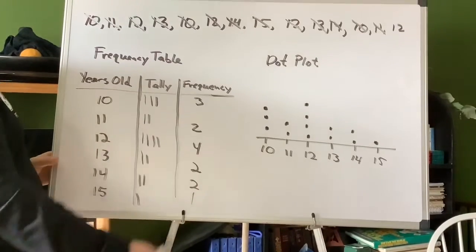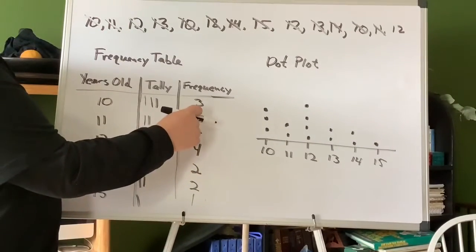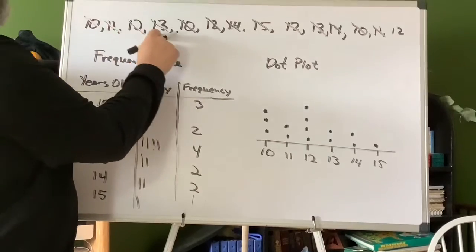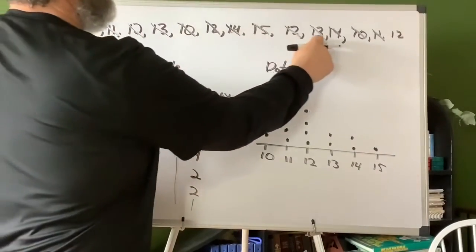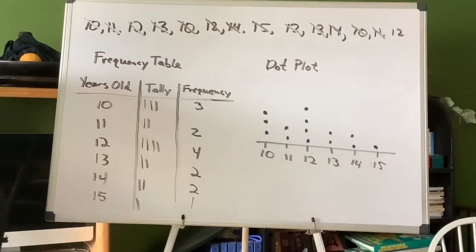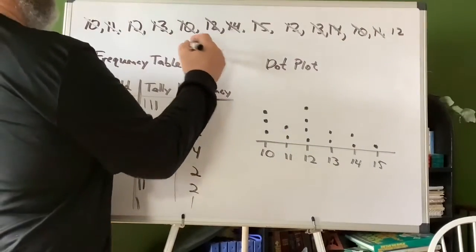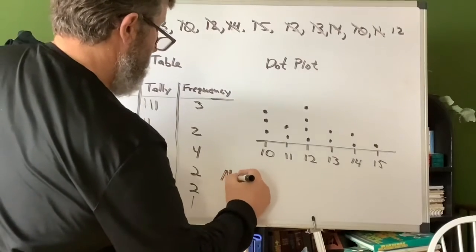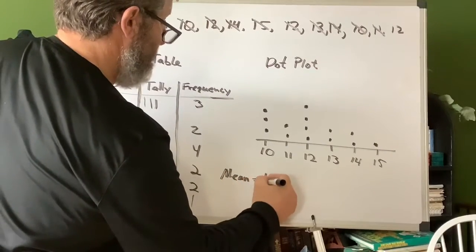That's going to give me my total that I'm going to end up dividing by how many data points there are: 1, 2, 3, 4, 5, 6, 7, 8, 9, 10, 11, 12, 13, 14 data points. So you take all that data, divide, and that's going to give you the mean or the average. You guys know that already. Mean equals average.